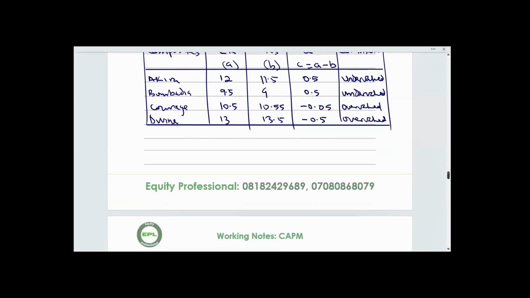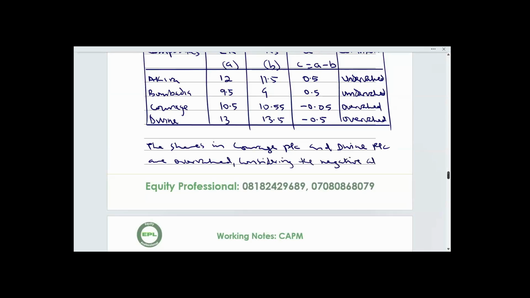I will say the shares in Courage PLC and Divine PLC are overvalued, considering the negative alpha value.